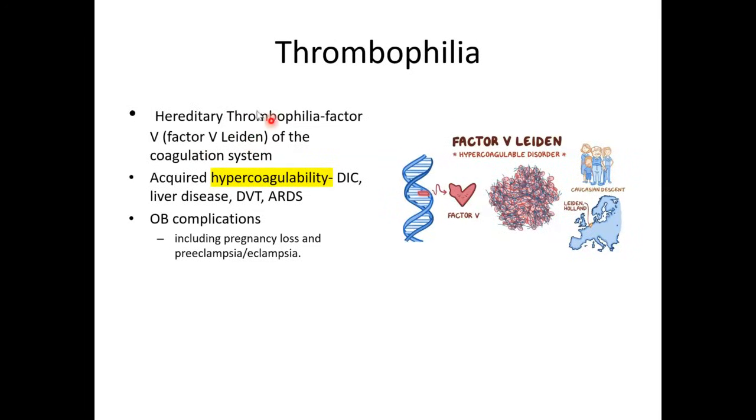What happens with this is it's a hypercoagulable disorder. There is something wrong with the factor V gene, and it's hereditary. So if somebody has it, their family members need to be checked for it. And they are prone to blood clotting.